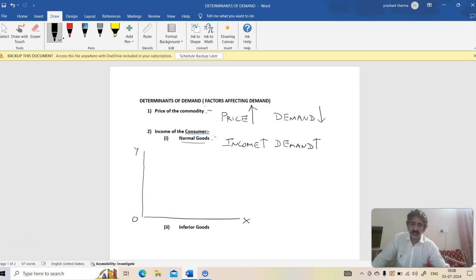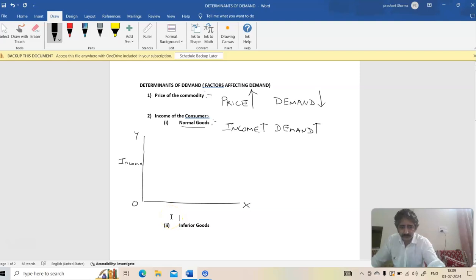Now what we have to do is take income on the y-axis, and children, on the x-axis we'll take quantity demanded.